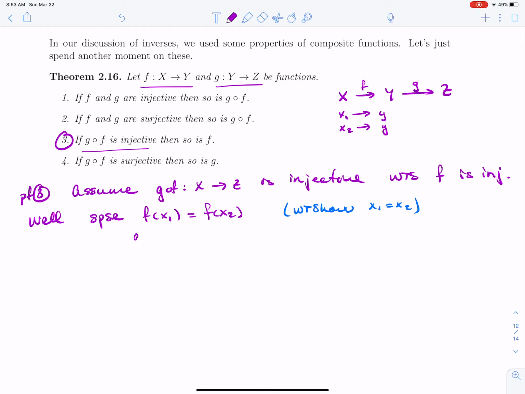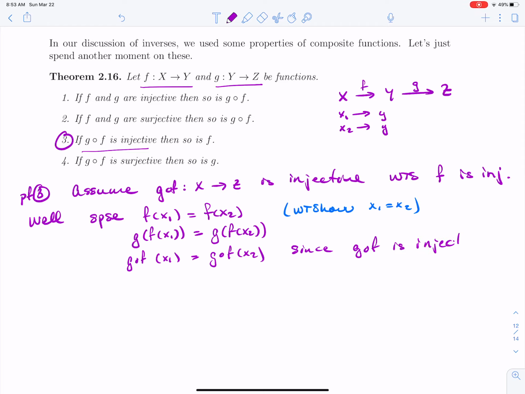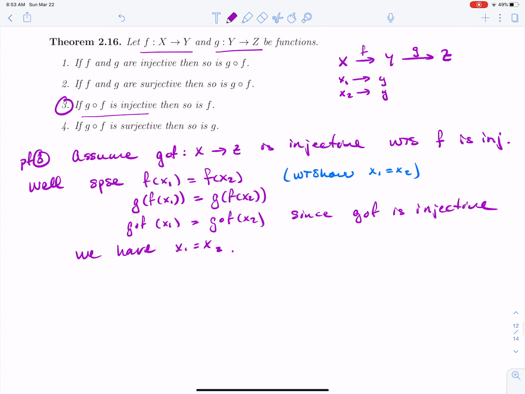So if I take g of f of x1, that should still be equal to g of f of x2. So this is g following f of x1 and g following f of x2, and since g following f is injective, we have x1 equals x2 as desired. So maybe you can give some of the other ones a shot, or we can do them in class tomorrow. See you then. Bye.